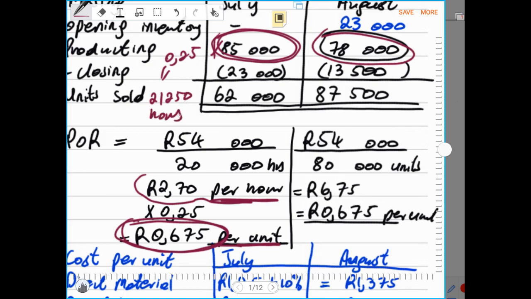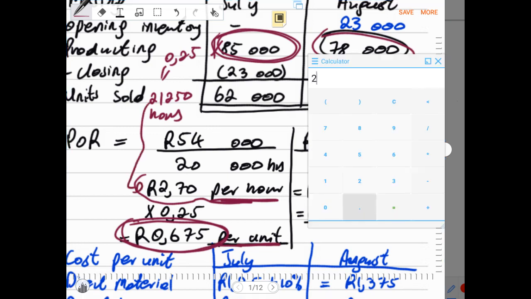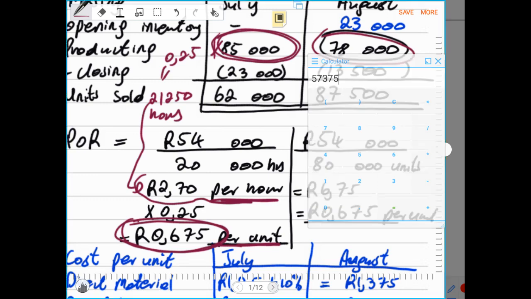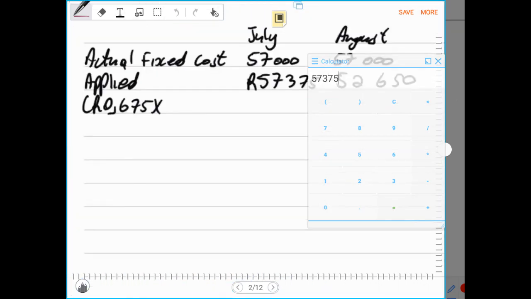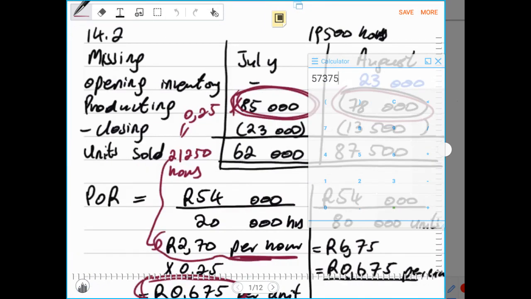So when you get 21,250 hours, you multiply the hours with the rate per hour, which is 2.70 per hour times 21,250 hours. You get to the same 57,350. As I said, just to emphasize and get you to refresh on this.